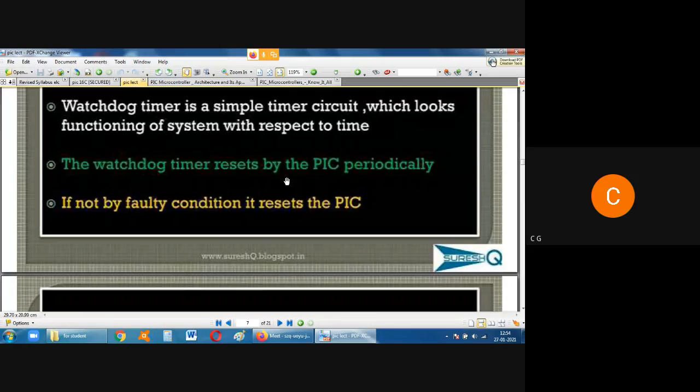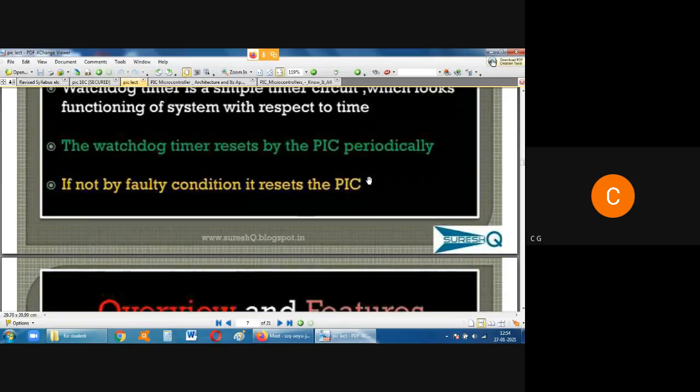If a person knows they want to make it unstable, they can trigger that manually. So this is what you have to understand.